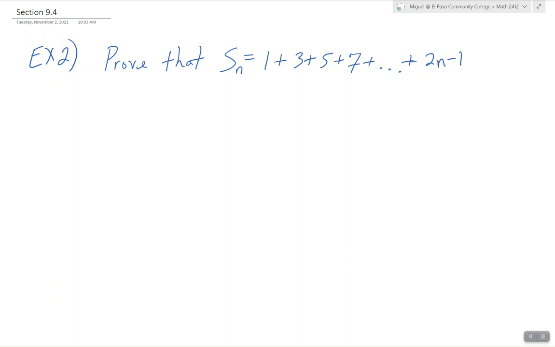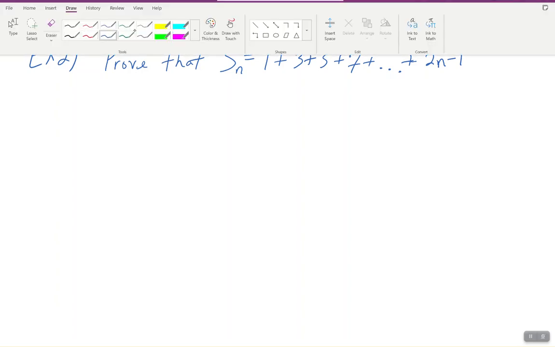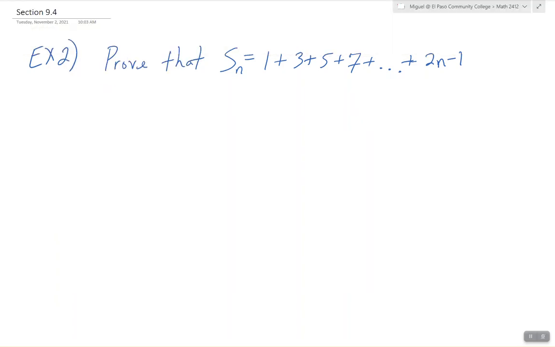So the 2n is an even number, right? Because it's multiplied by 2, and then you subtract 1 to give you an odd number. So essentially that's how you get the next term. Remember n is a positive integer. When n is 1, we plug it into 2n minus 1: 2 times 1 is 2, minus 1 is 1, and that's how you get the first value.